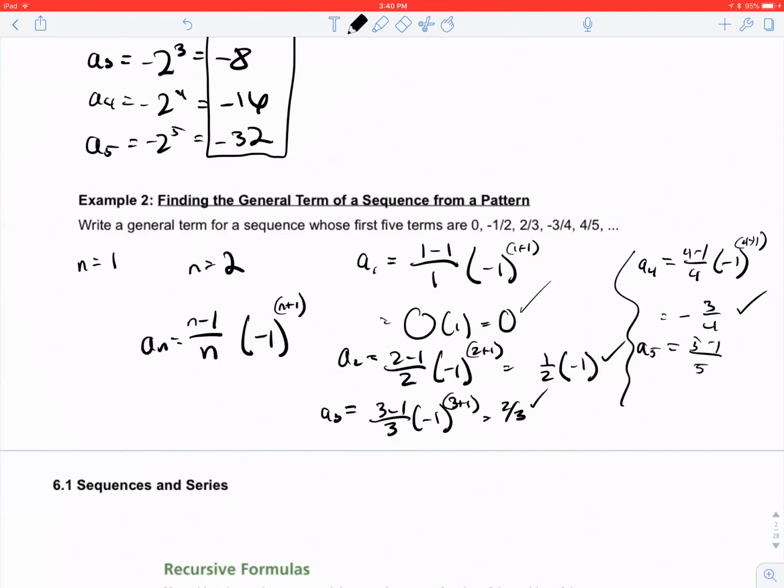So for this general term, I guess it might be a little bit better to write it in the following way. Let's put the negative part first, and then the second. It's still the same thing, and it works.